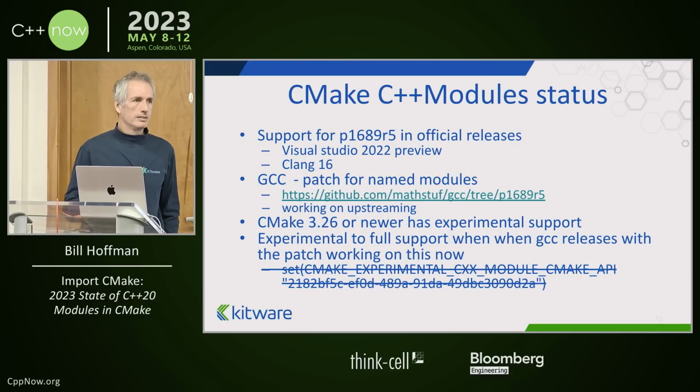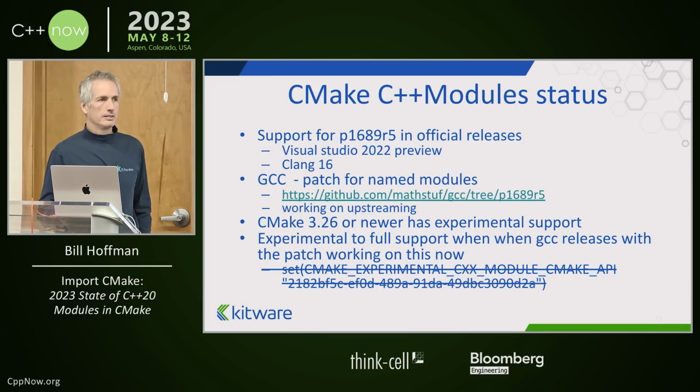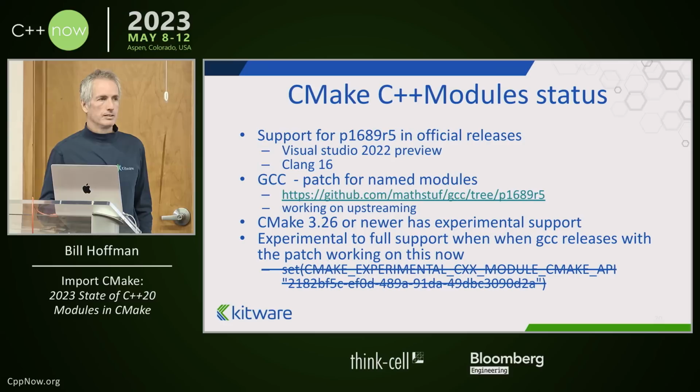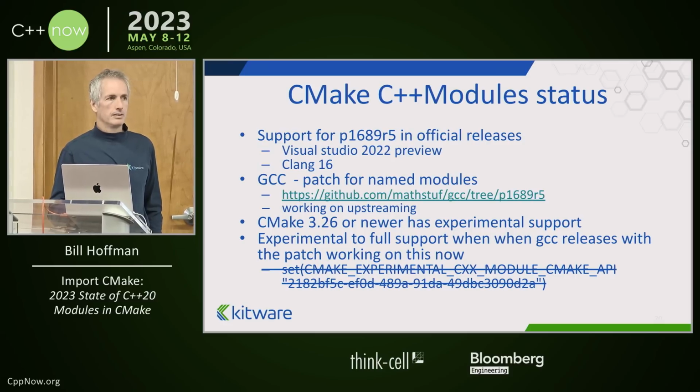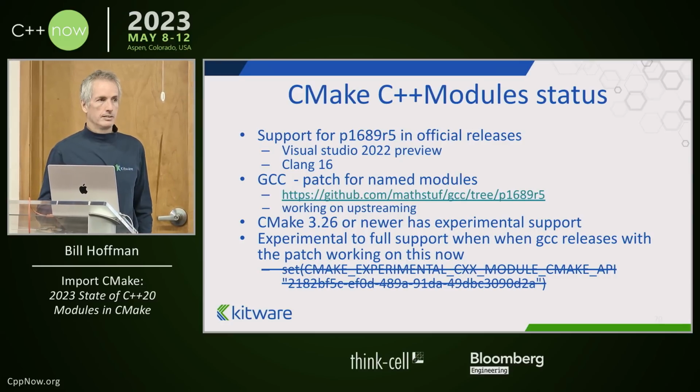To be clear, the import part in GCC works now. The translation of the BMI works now. The only thing that doesn't work in the head of GCC and in the latest releases of GCC is the scan dependencies part.